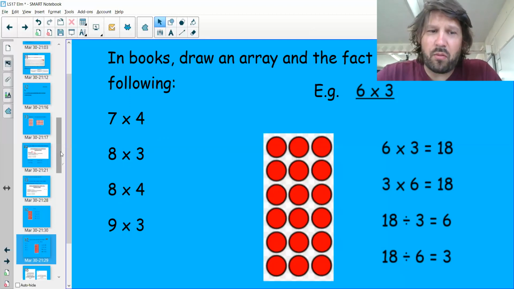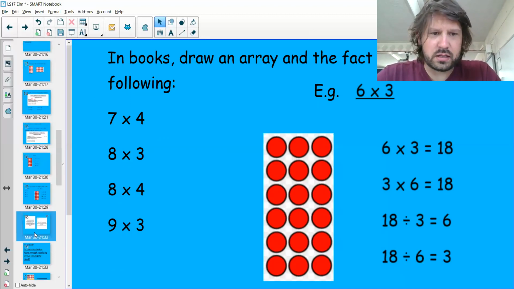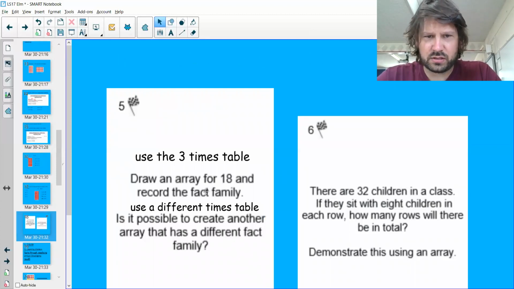Once you've done that work, you can have a go at these destination questions. Use the 3 times table. Draw an array for 18 and record the fact family. Use a different times table.